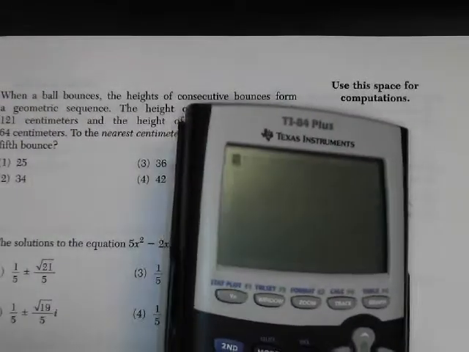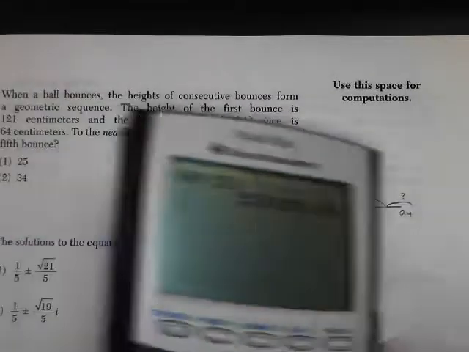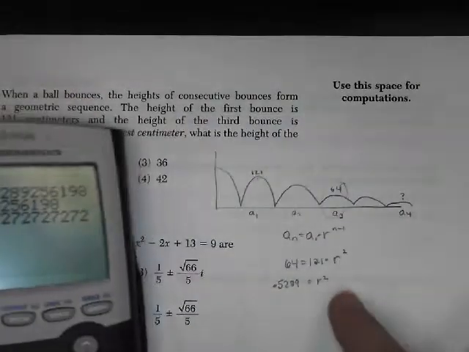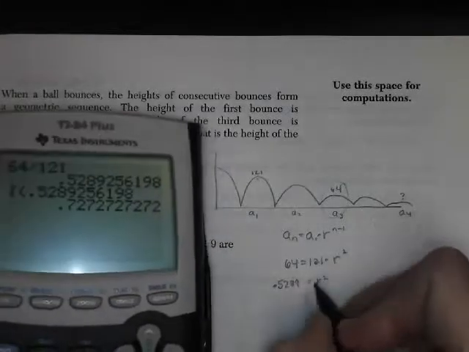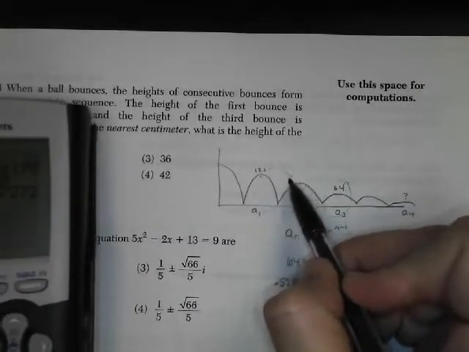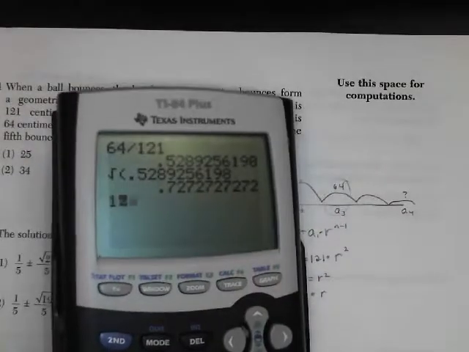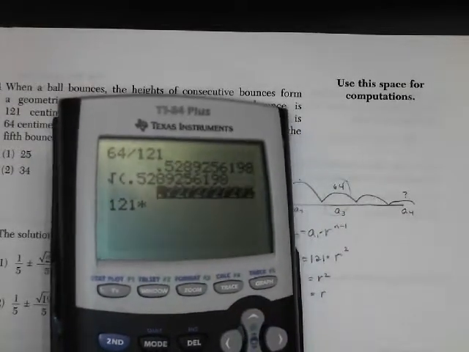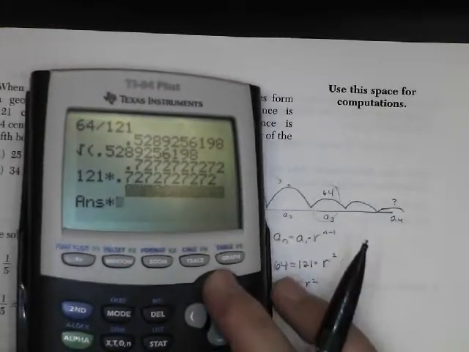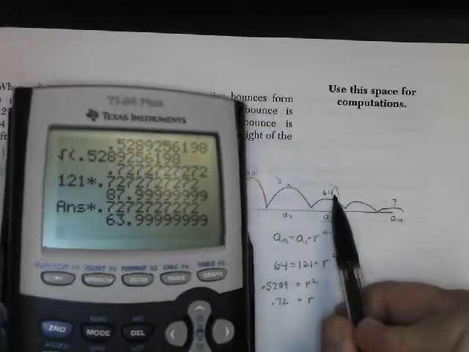So 64 divided by 121 leaves us with this 0.5289 number, and then square root that number to solve for r. You get 0.72 repeating. So r equals 0.72. So this times that 0.72 repeating number gets you here, then times that again, so we can confirm that. 121 times r, times that r value again, should give us 64, which it does.